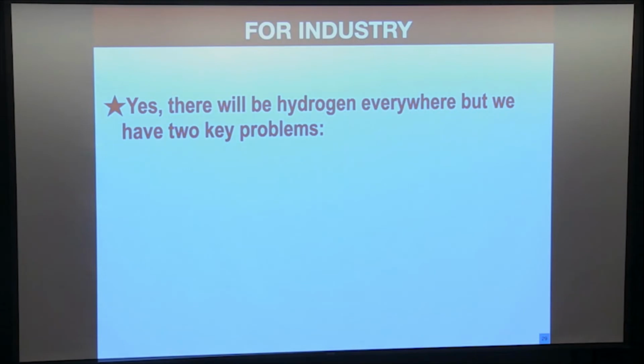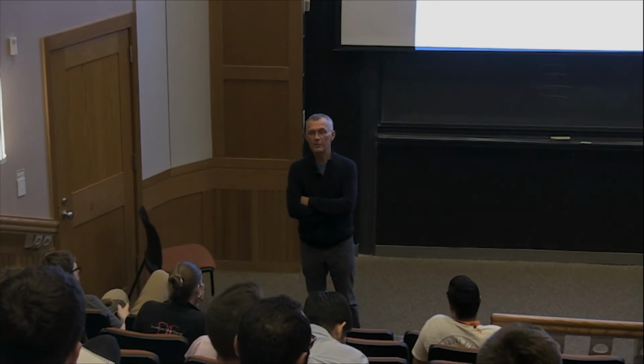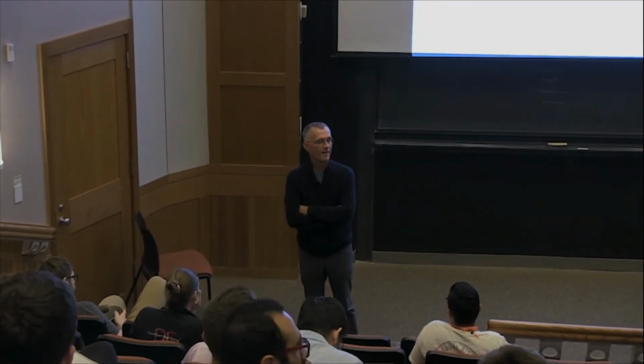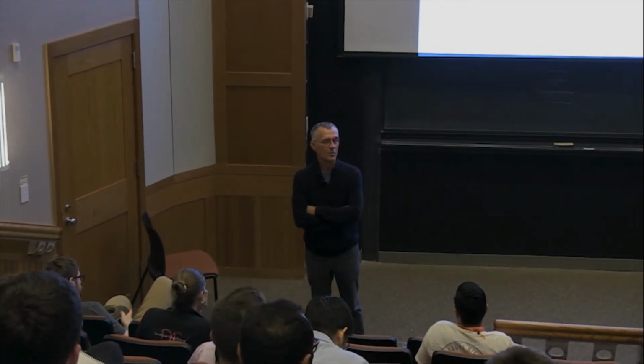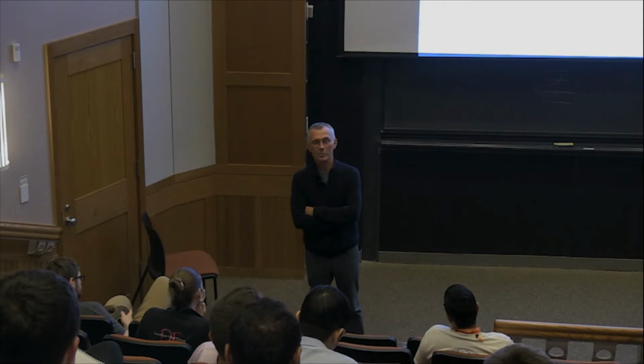Now, of course, at the speed at which things move, especially in Europe at the moment, there will be hydrogen everywhere. Probably you don't know, who knows Ursula von der Leyen? The Europeans. Who knows Joe Biden? Okay. Ursula von der Leyen is the president of the European Union.